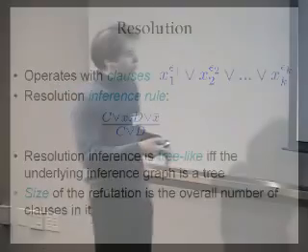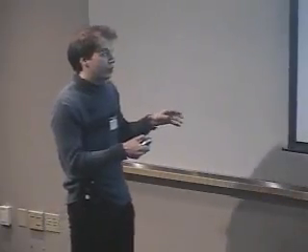Okay, and the main character in this play will be a simple resolution proof system, which takes as input a set of clauses. It has one resolution inference rule, which says if C or X is true, and if D or not X is true, then C or D is also true.